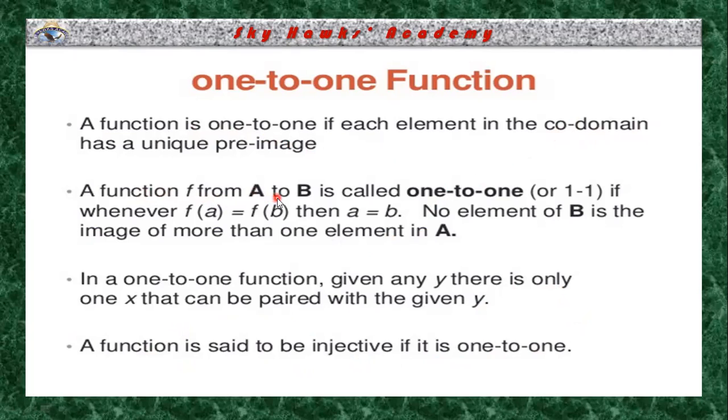So a function f from a to b, there are two sets, a and b, is called one-to-one, or one-one, if whenever f of a is equal to f of b, then a is equal to b; no element of b is the image of more than one element in a. So that should not be doubling. Just one is going for the one. So if it is one-to-one, given any y, there is only one x that can be paired with it. So it's also called injective.